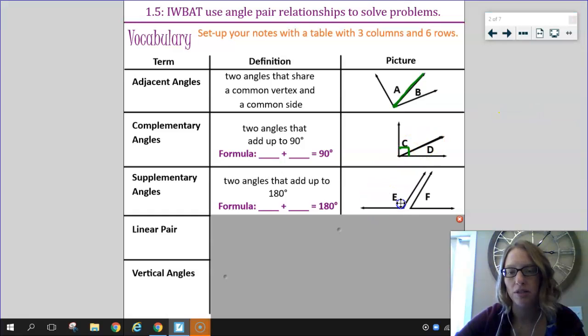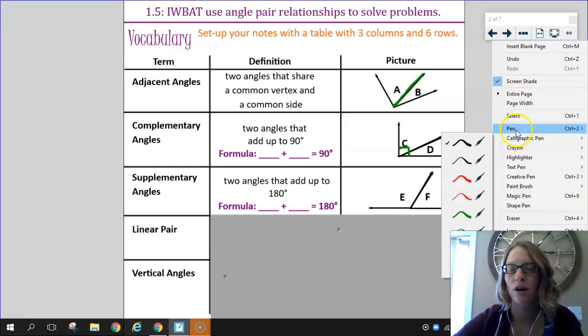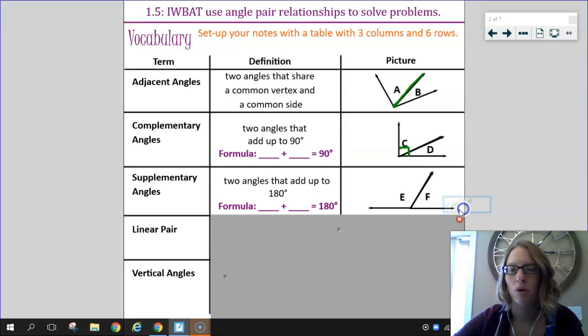If I move angles E and F together, I can see that together they would add up to 180 degrees, or a full straight line. There's no symbol for a straight line like there is for a right angle with the square, but we could show an arc mark like this to show that we're talking about the entire angle E plus F together. Adds up to 180.